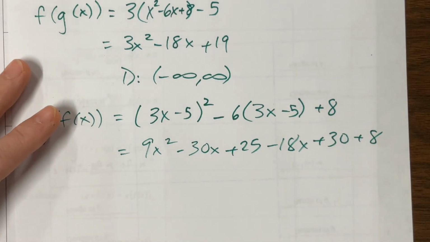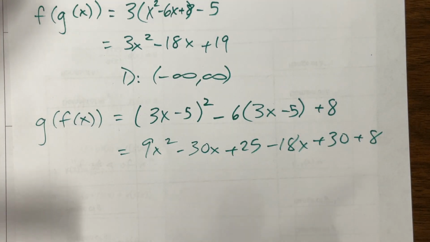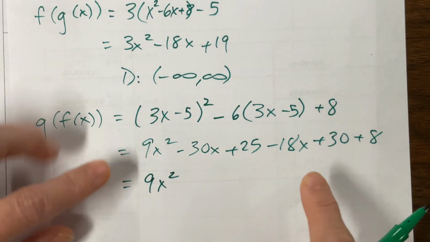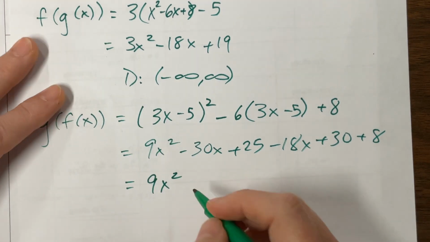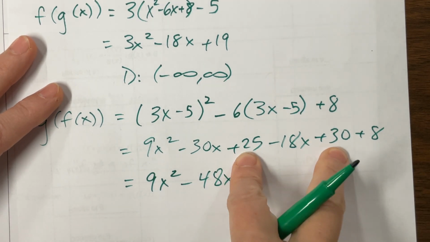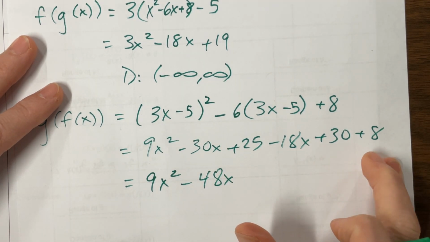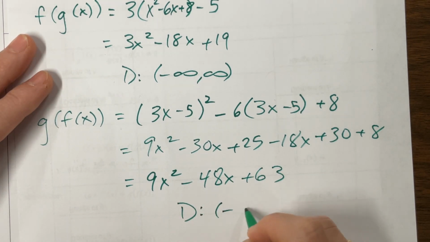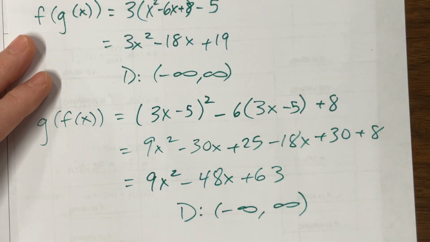I'm moving fast today, you guys. So if I make a mistake, please comment down below. 9x squared. This becomes minus 48x. I see 25 and 30, that's 55. 55 plus 8 gets me 63. And my domain for our quadratic is all reals.